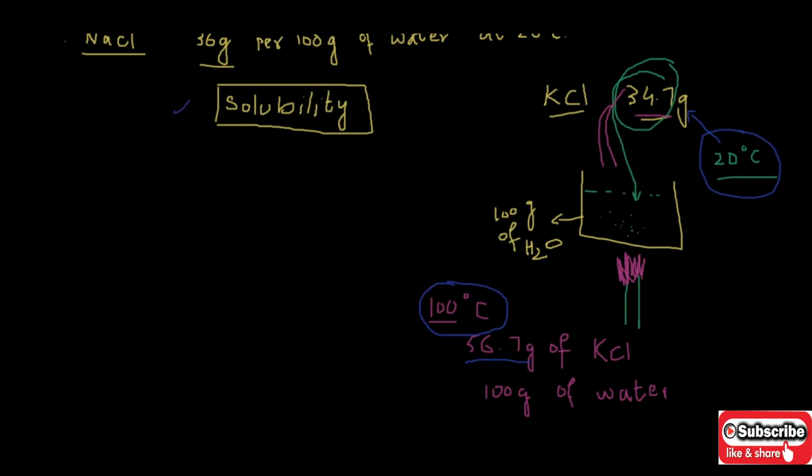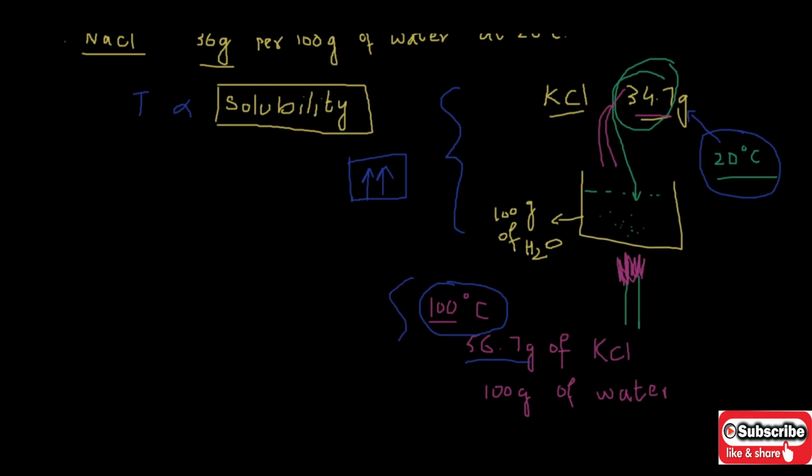Once we increase the temperature, solubility also increases. When one quantity increases, the other also increases. This type of relationship is known as a direct relationship. Once you increase the temperature, the solubility of potassium chloride increases.